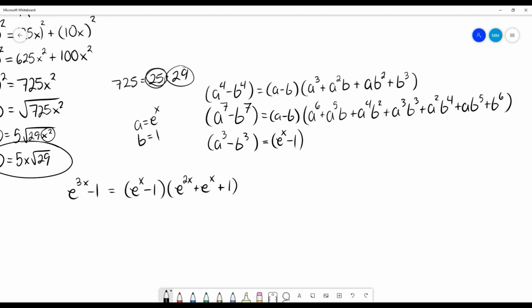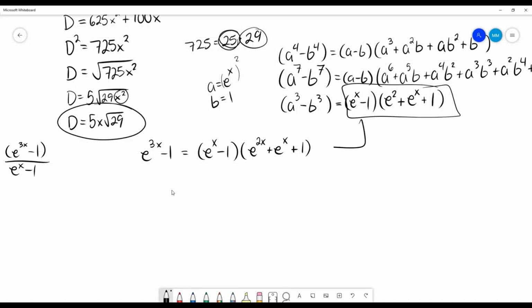Because that's our a minus our b, times e to the x to that next power, so e to the x squared, which is e to the 2x, times 1 to the 0th, and then e to the x to the first power, which is just e to the x, times 1 to the first power, which is just 1, and then e to the x to the 0th power, which is just 1, times 1 squared, which is just 1. And that's how we got this factor bit right here. We see that that's the exact same as how we factored that out.